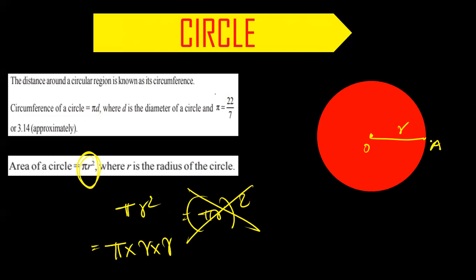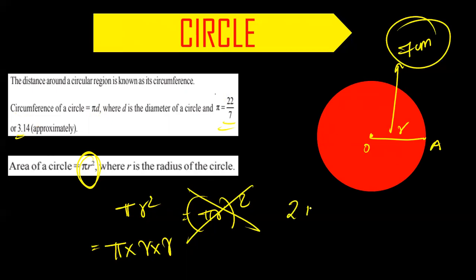Now, as I had said, sometimes you can use convenience to solve questions. If the radius is given as 7 centimeter, and you have to find the circumference and it's not given whether you should use 22 by 7 or 3.14, then you know that the formula is 2 pi r as the circumference. So this is 2 into pi into 7.